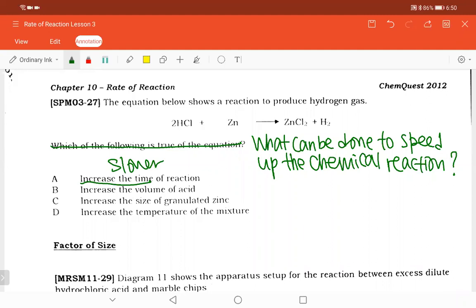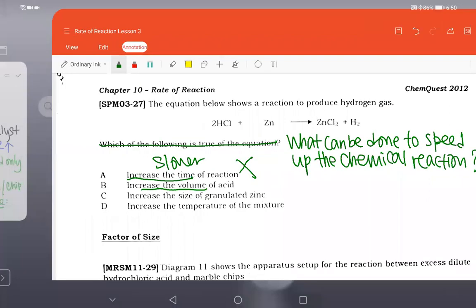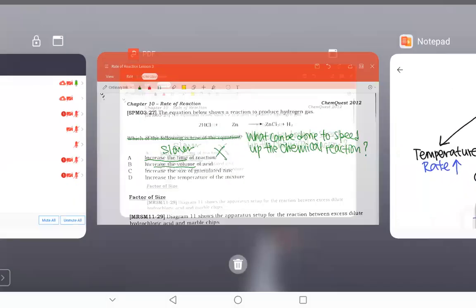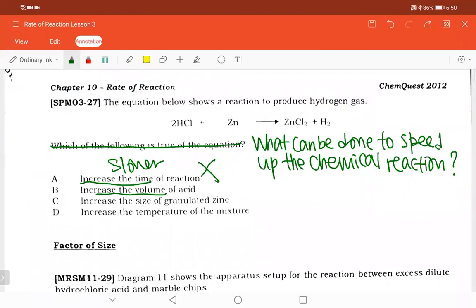We don't want to make it slower, we want to make it faster, right? B, increase the volume. Volume is not one of the 5 factors we looked at just now. Volume does not affect the rate of reaction. So we don't go for volume.